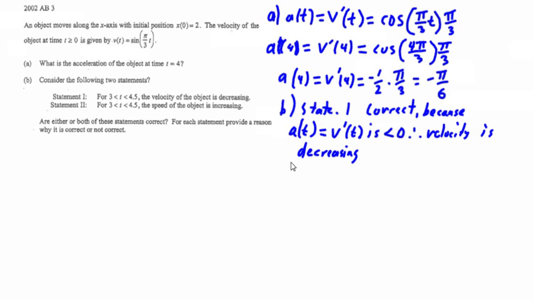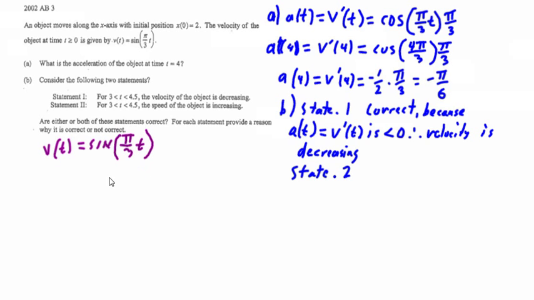Now, next we get down to statement 2. And for that, we need to examine the velocity. So let's do that. We have the equation v of t equals sine of pi over 3 times t.